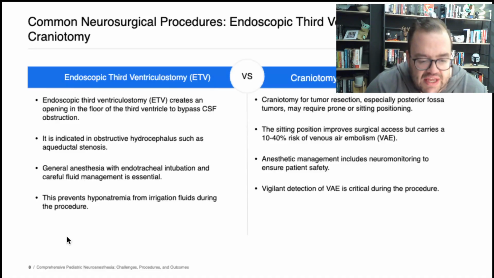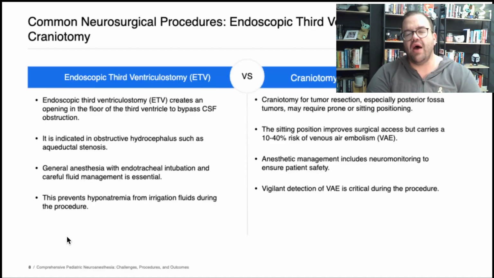Essentially it opens the floor of the third ventricle to allow for CSF flow, and it's indicated for obstructive hydrocephalus. It's done under GA with an endotracheal tube, and basically exactly the same as for a VP shunt. They need even less analgesia because it is literally just a tiny 1 or 2 or 3 millimeter incision into the scalp and into the skull.